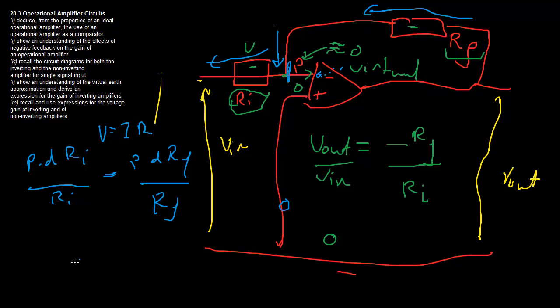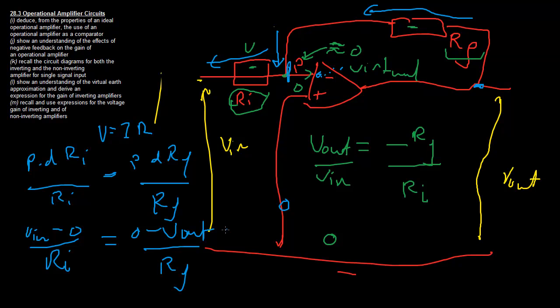P equals 0. So let's continue the derivation of this equation. The voltage in minus 0, because that's the PD across RI, so the difference between these two points is V in minus 0, over RI is equal to the difference between these two points going in the same direction, 0 minus the voltage at this point, which is V out, so 0 minus V out over RF.